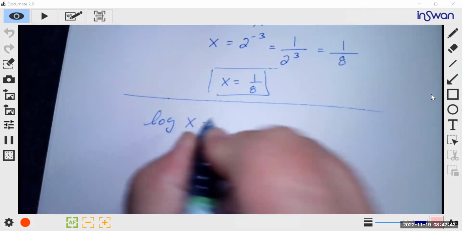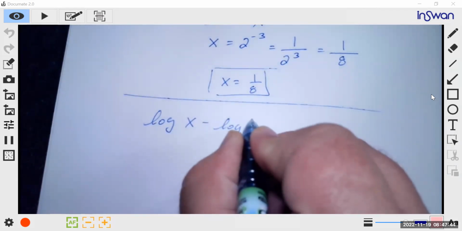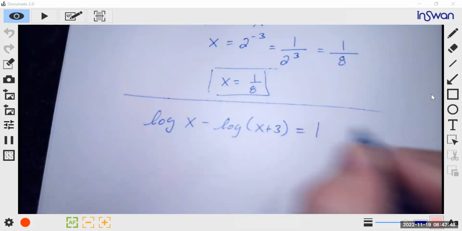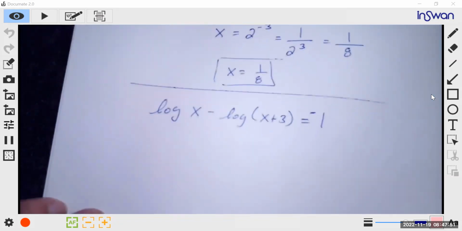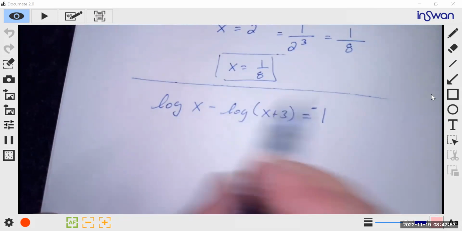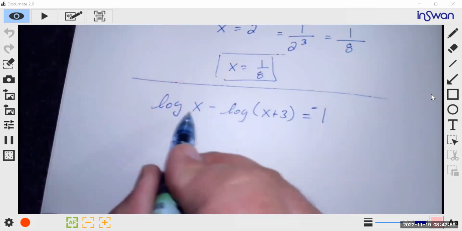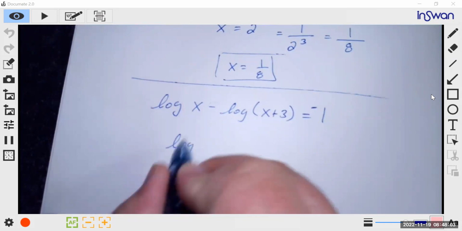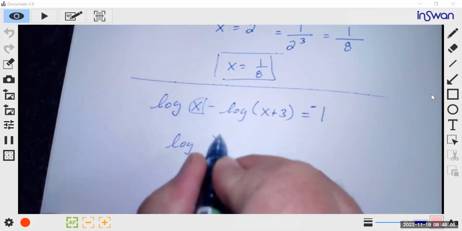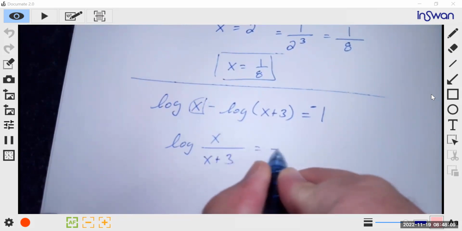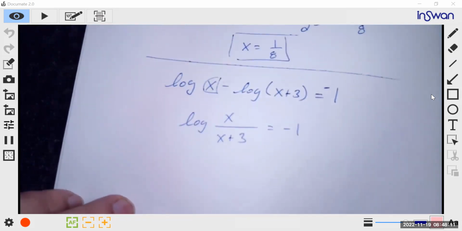Log of x minus log of x plus 3 equals -1. Since these two logs are the same base, but they're subtracted, that means they are divided. We simplify it.